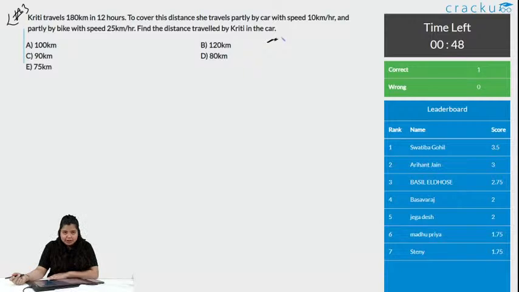Okay, one person already got this correct. Are you sure, Pavan, it's 75 kilometer? Or do you want to recheck it?